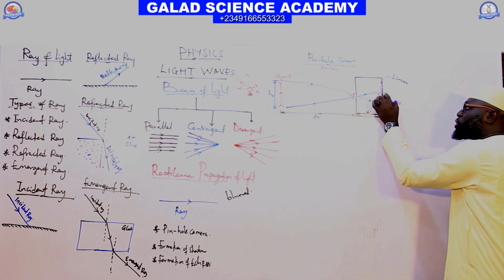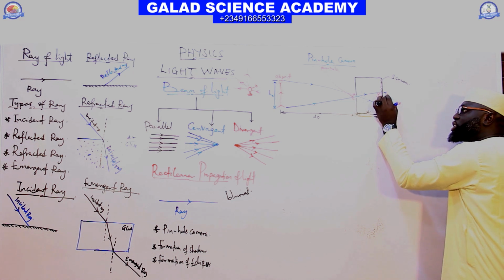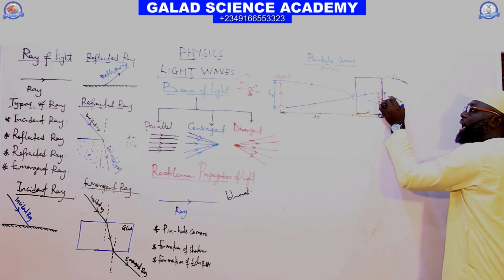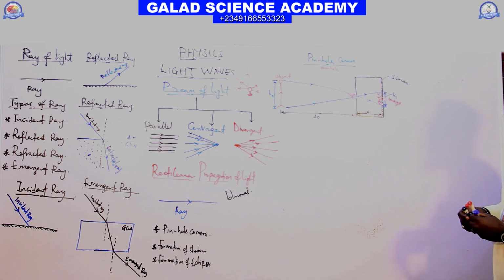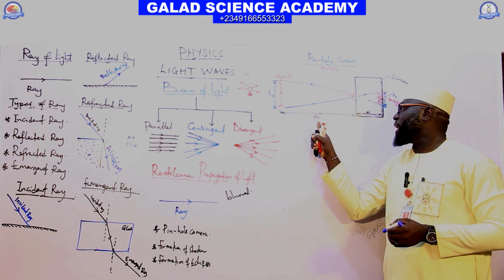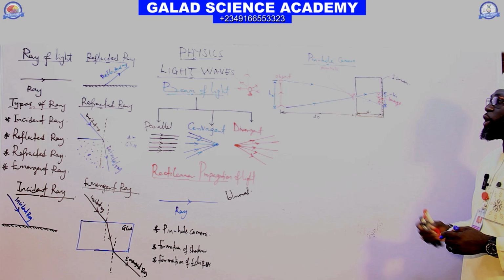But the distance between the image here, we call it HI, which is the height of the image. The height of object, distance of object, distance of image.